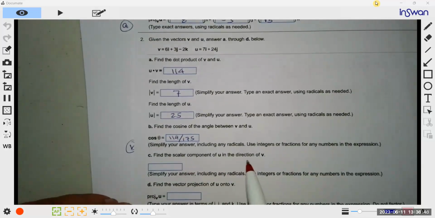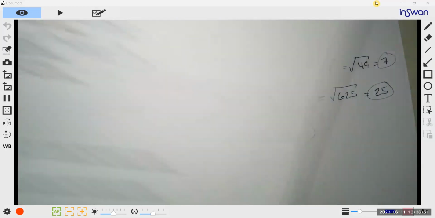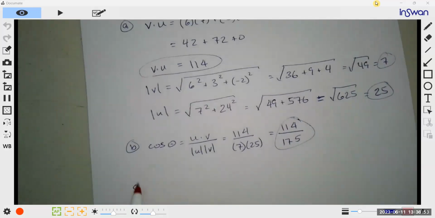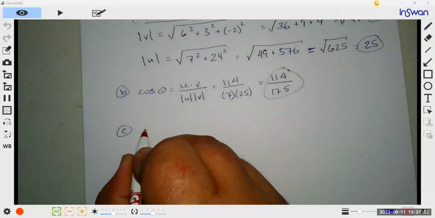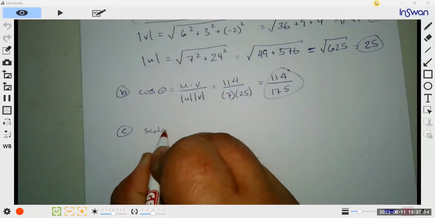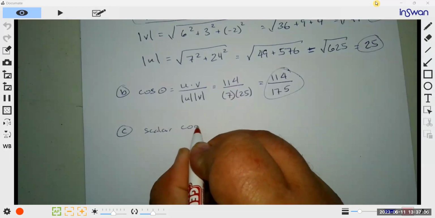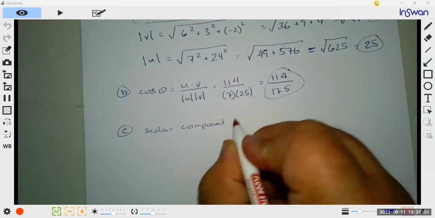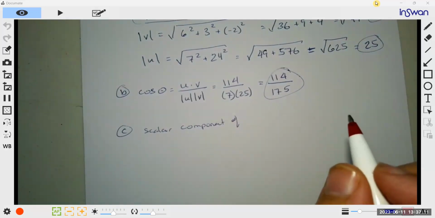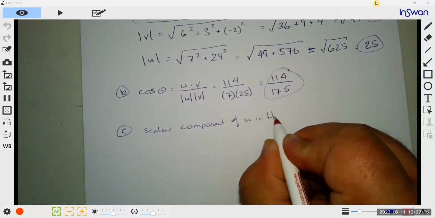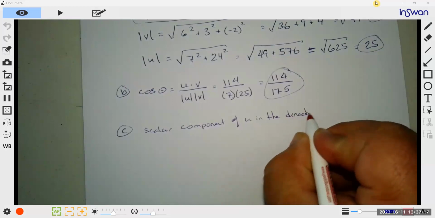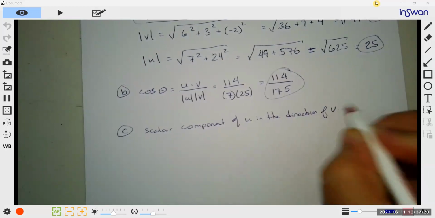Now C, find the scalar component of u in the direction of v.